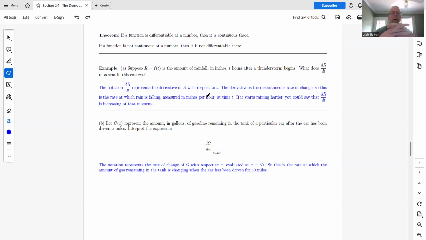Again, I probably said this in an earlier video, but slope and rates of change are always y units per x units, or in this case, r units per t units. And if it starts raining harder, you could say dr dt is increasing at that moment.